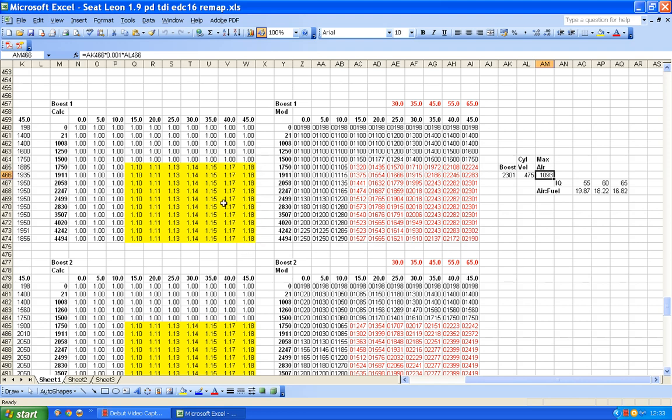Now, I've chosen these amounts not completely at random. Basically I looked at the figures and asked myself, what is a reasonable number here, given that I decided that 2 bar or 2000 millibar wasn't enough on the smoke map. So I gave myself a figure of somewhere in the region of 2250 or 2300, and then I altered these to see what numbers give me that.